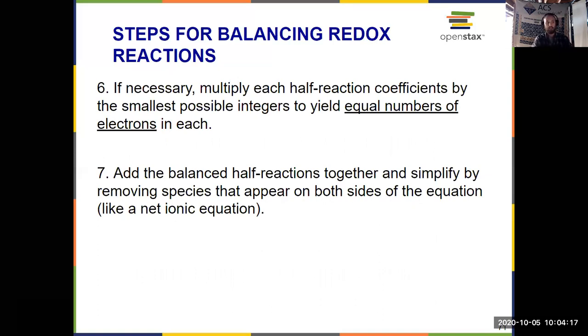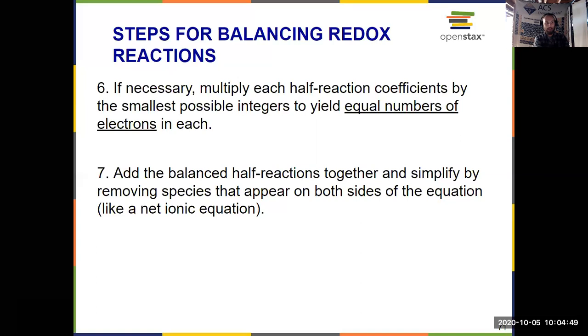So if necessary, and most times it will be, you multiply each half reaction, the entire reaction, so every single coefficient gets multiplied by the same number, and whatever that number is, it's what's necessary to make sure you have an equal number of electrons in each of your half reactions. And that's the whole goal of the half reaction method, to make sure it's an equal number of electrons, and one of the half reactions is going to have them on the reactant side. The other half reaction is going to have them on the product side.